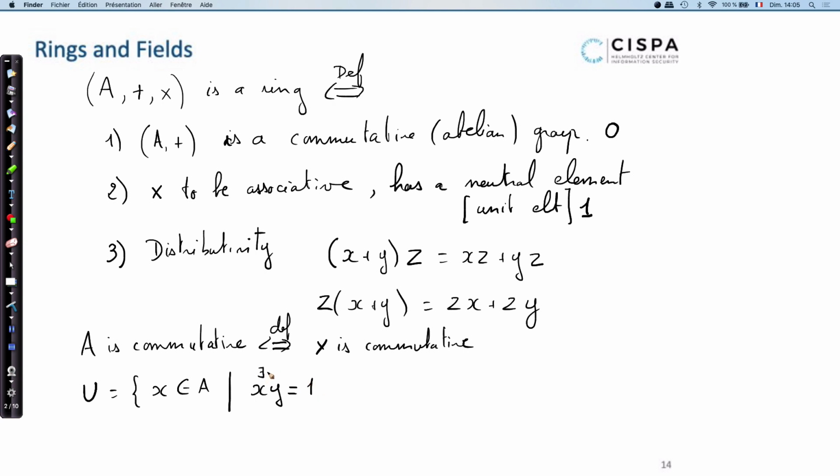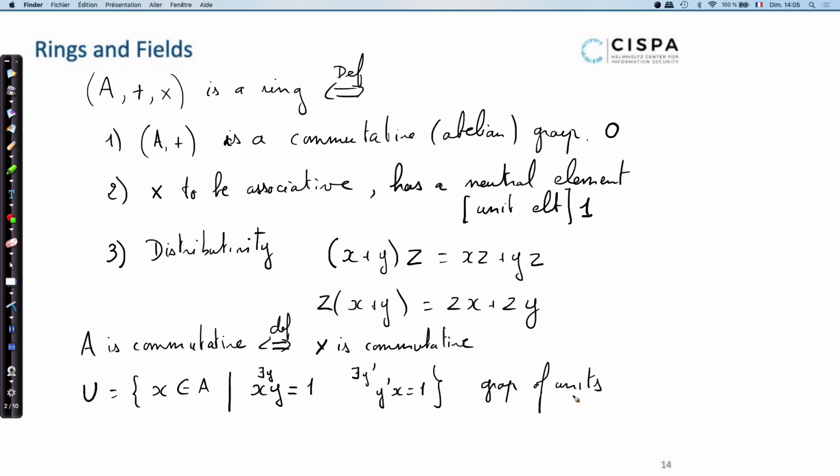So we want the existence of y, and we also want the existence of y prime such that y prime x equals 1. Well, when the ring is commutative, only one of the two is needed. Okay? And now this thing is going to be called the group of units of the ring.